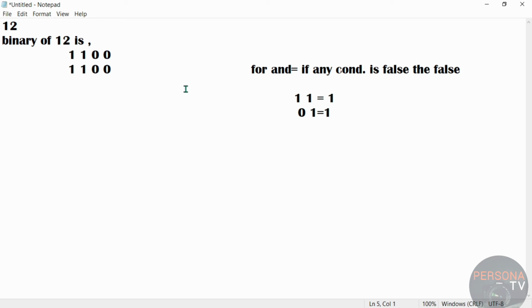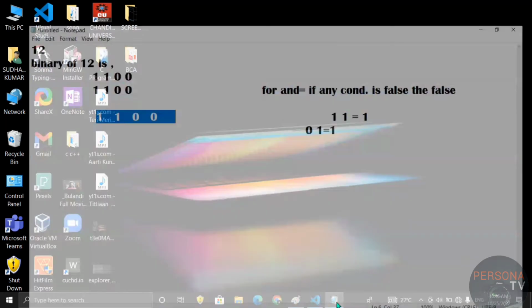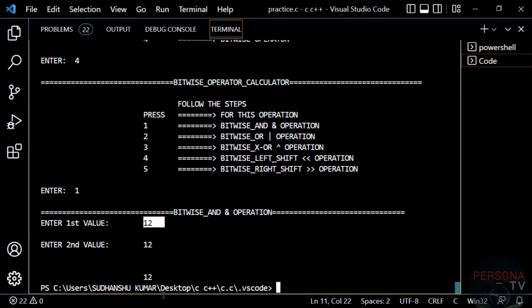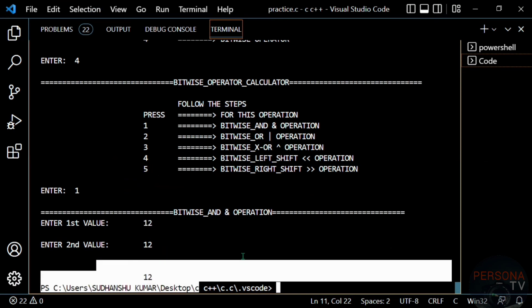Here is 0, gives you 0. Here is 0, gives you 0. Here is 1 and 1, gives you 1. Here is 1 and 1, gives you 1. The binary is 1, 1, 0, 0. The decimal number of 1, 1, 0, 0 is 12. That's why it prints 12. Understand? Yes.